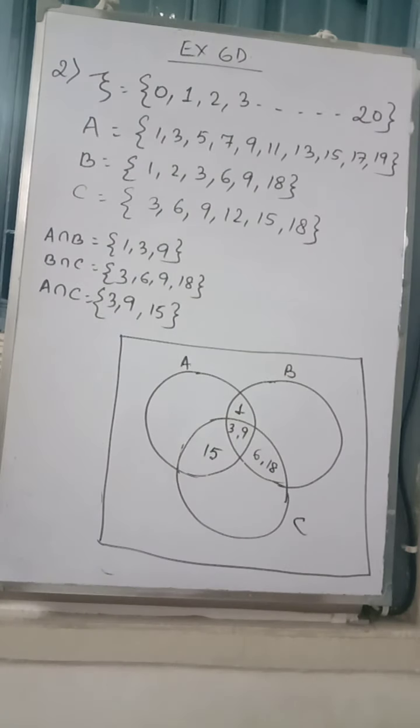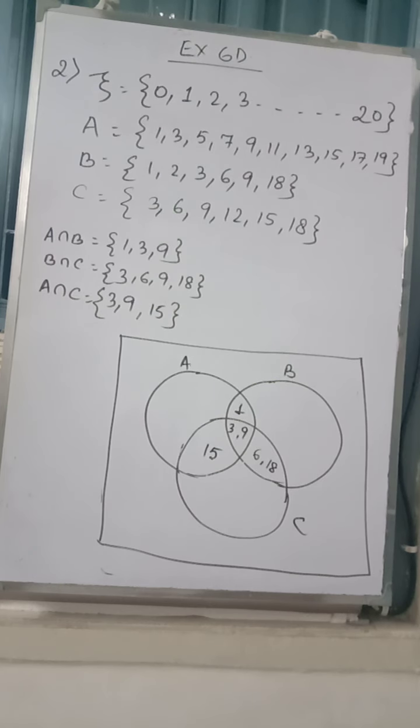We have seen that 3 and 9 is common everywhere, so 3 and 9 is written in the common portion, which is in A, in B as well as in C. Other than 3 and 9, A and B had 1 in common, so I have written it in the leftover portion.